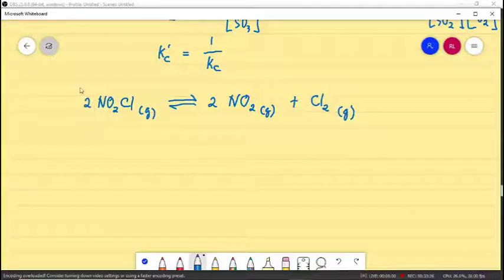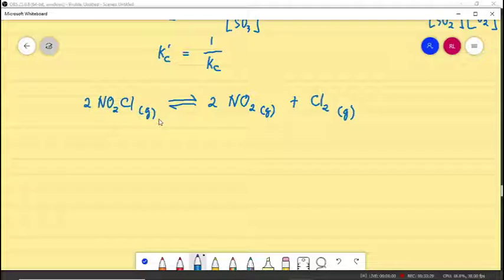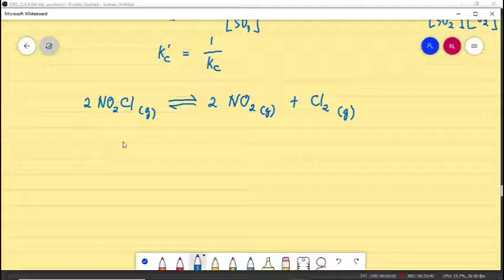This is our overall reaction. However, it is believed that this reaction happens in 2 mini steps.